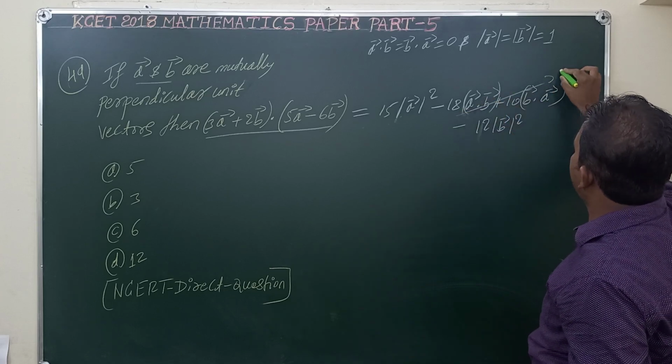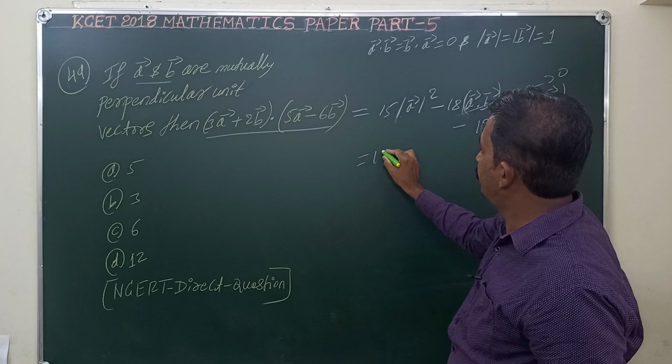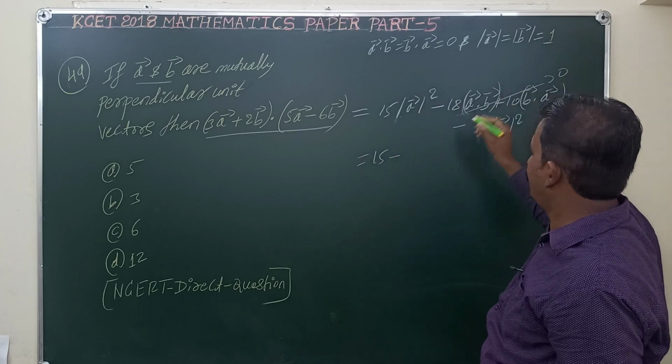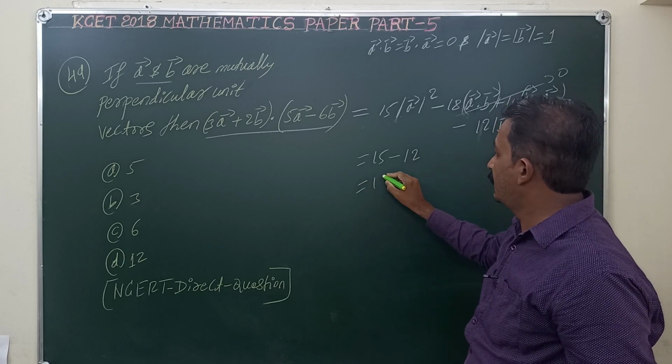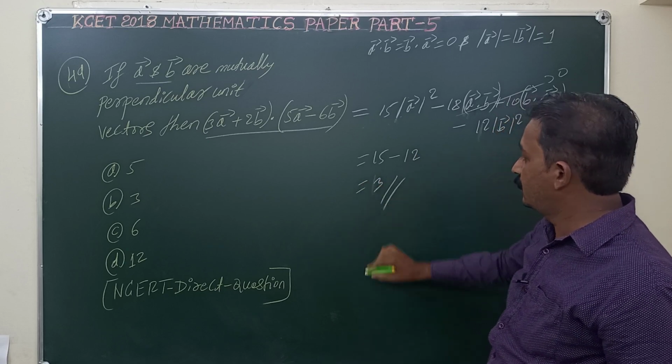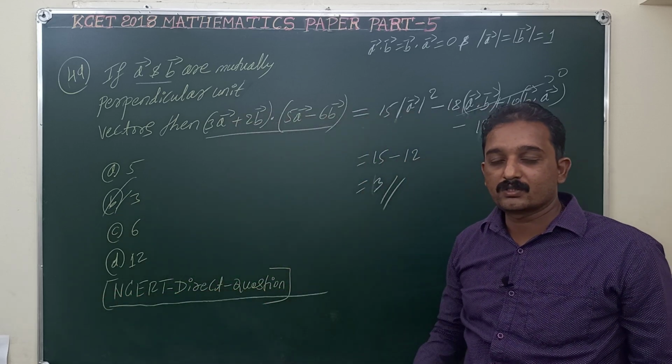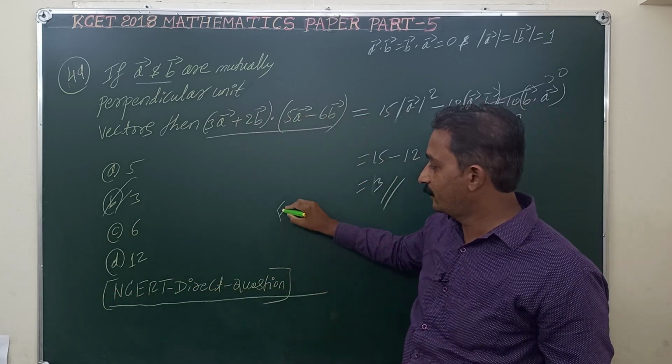These are 0 because a dot b is 0. So 15 magnitude of a square is 1, magnitude of b is also 1, 12. 15 minus 12 is equal to 3. So the answer of this question is B. This is an NCERT direct question. All the students solve this question easily. Take down.